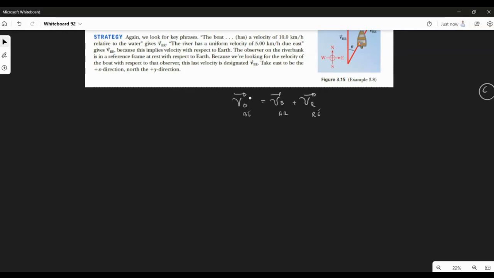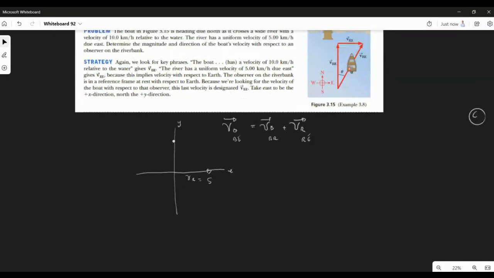To find the resultant, we imagine it's on a Cartesian plane. The book makes it look a lot more difficult than it actually is. We're going to put the velocities here. This is VR over here, at a speed of 5 kilometers per hour, and the other one is going at 10 kilometers per hour.